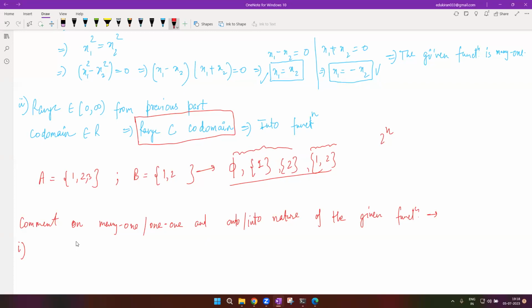The first function is, okay, let's start with some easy ones.